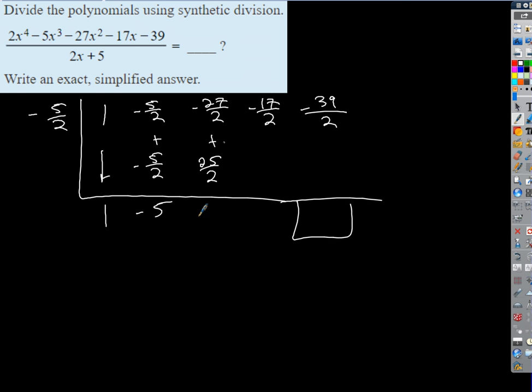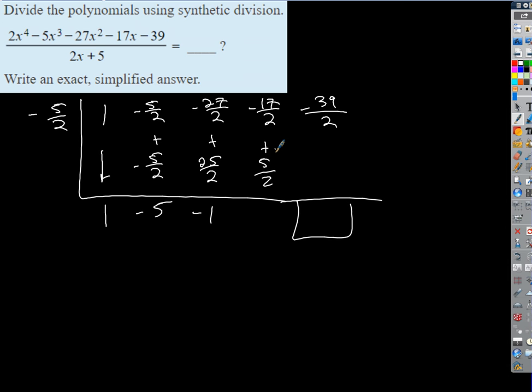Negative 2 halves, which is negative 1. Remember, we're adding instead of subtracting. It's opposite of long division. Negative 1 times negative 5 halves is positive 5 halves.